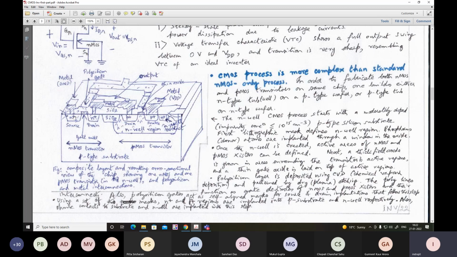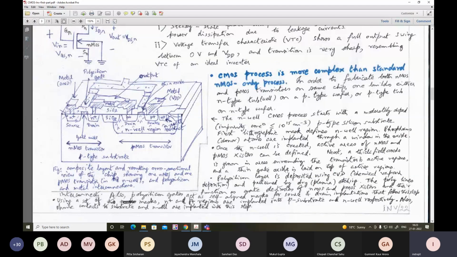Yeah, it's a complicated picture. Anyway, wherever the active regions, meaning the inversion regions of the p-type transistor and the n-type transistor, are not present, you pour thick field oxide, right?